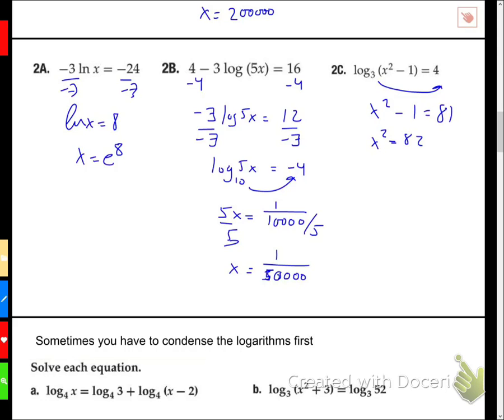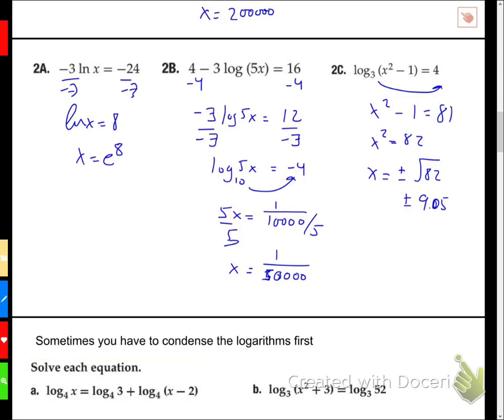All right, that's not a perfect square anymore, but I can still square root it. Plus minus root 82 is plus minus 9.05. Okay, now I need to be on the lookout for any time there was a negative answer that should go inside of a logarithm, because I can't take the logarithm of a negative number. Logarithms only exist on the positive argument side.